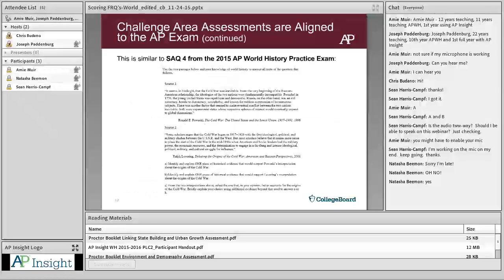Right. Now, if you also look on here, it's not the exact same setup, but it's along the same lines as this question here. Because in this question, on the AP World Practice exam, students are asked to compare two historians' interpretations about the Cold War.